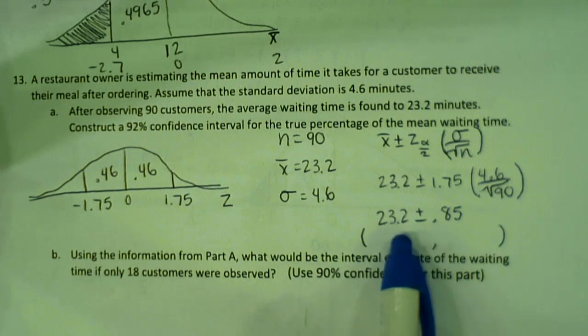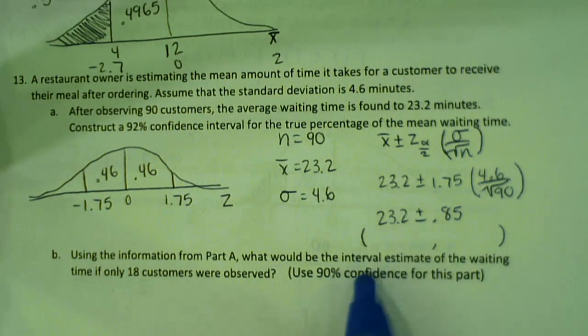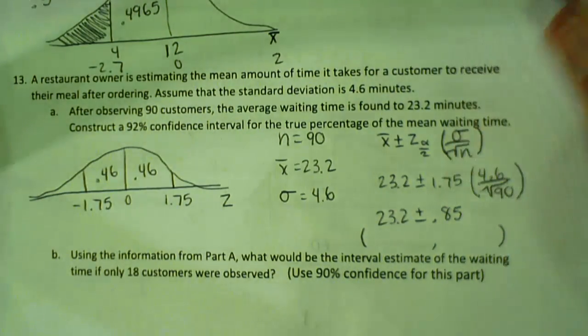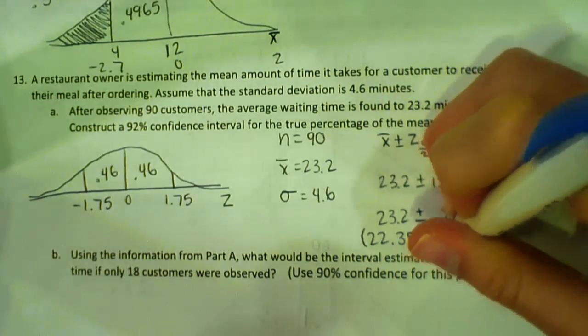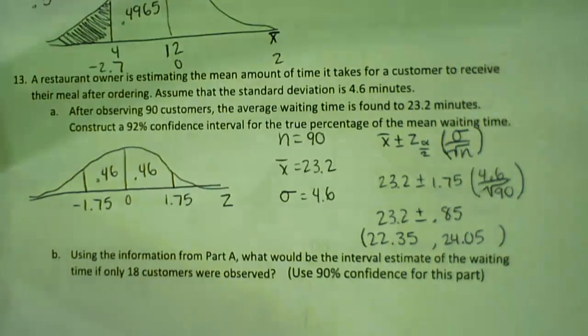So we're just adding the 0.85 to our mean and then subtracting the 0.85 from our mean. Everybody good with that?